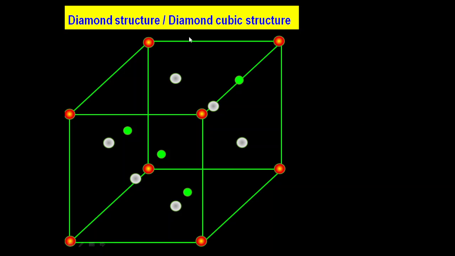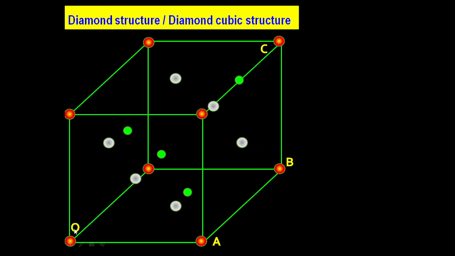So suppose this is the diamond structure. We have seen the diamond structure consists of 8 atoms at the corner, 6 at the face center, and 4 inside the unit cell. Now we will see how to establish the relation between the radius of atom and side of the unit cell.